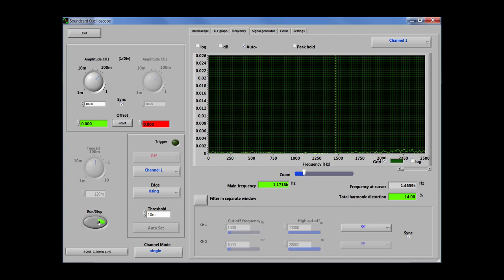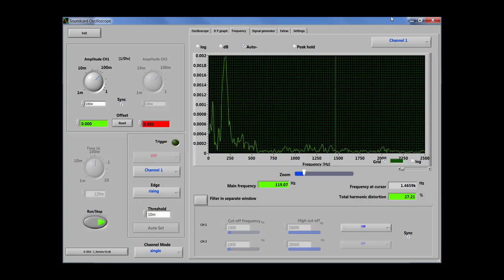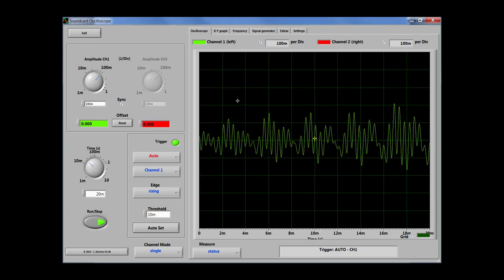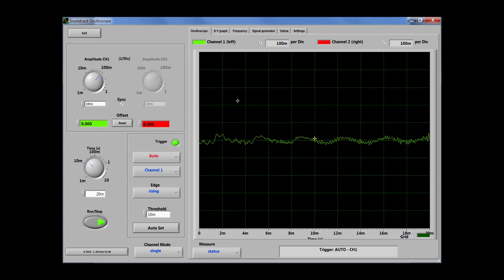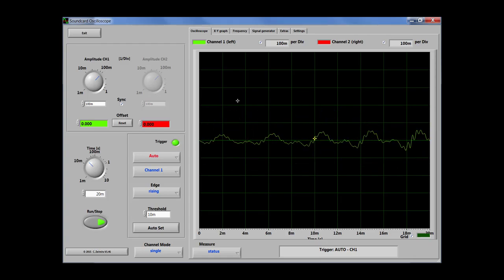If I go back to the other view, there we go. What you see here is almost like what you saw when looking in the guitar in the video. It's very similar.